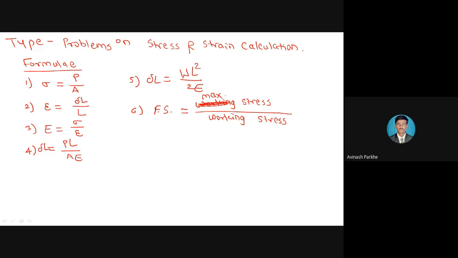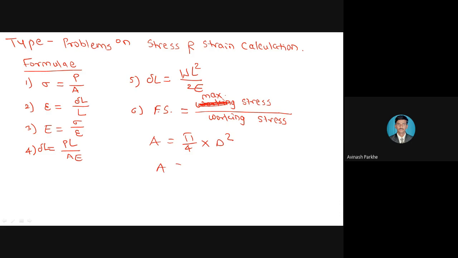By using those 6 formulas, we can solve any type of numericals based on type number 1 related to the stress calculation and the strain calculation. In addition to that, some constant formulas are also there. For example, if a rectangular section is given to you and we have to calculate the cross sectional area, then the formula for the rectangular section area is L into B. Sometimes a circular rod will be given, meaning the diameter of the rod will be given, and if I have to calculate the cross sectional area, then area is equal to pi by 4 into d square.